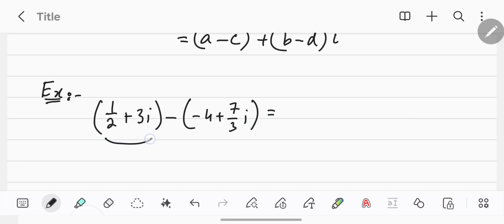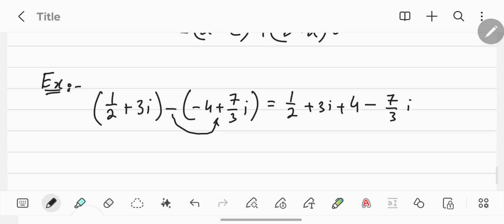So first of all, write this complex number as it is, 1 by 2 plus 3 iota, and then distribute this minus inside here and here. Okay, so this minus and this minus will become plus 4, and this minus with this plus will become minus, because minus plus is minus, 7 by 3 iota.